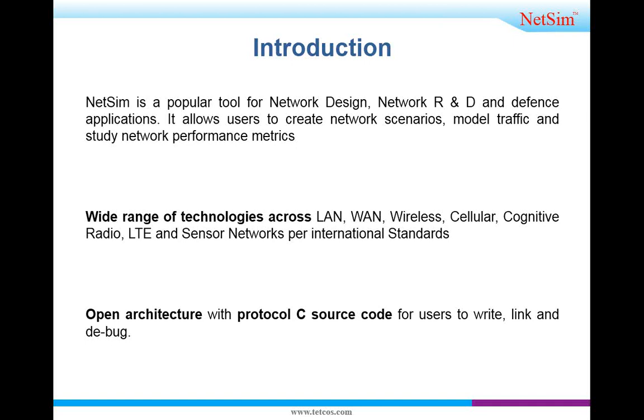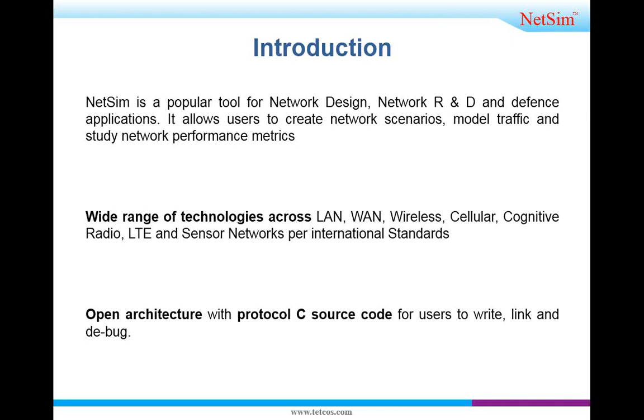NetSim has two versions. One is the academic version and one is the standard version. In the academic version, it has the capability of designing and analyzing various kinds of networks with the help of GUI. But in the standard version, users are provided with C source code of their network protocols, which are implemented based on IEEE and IETF standards.